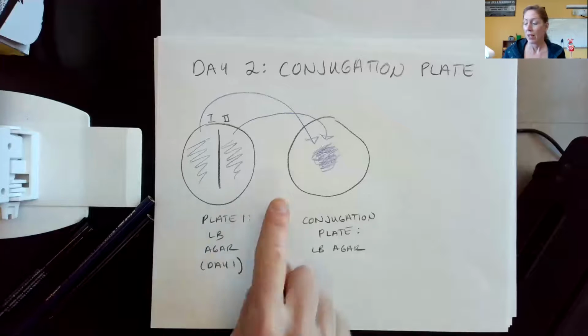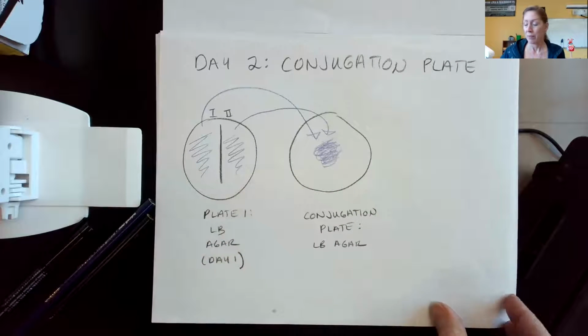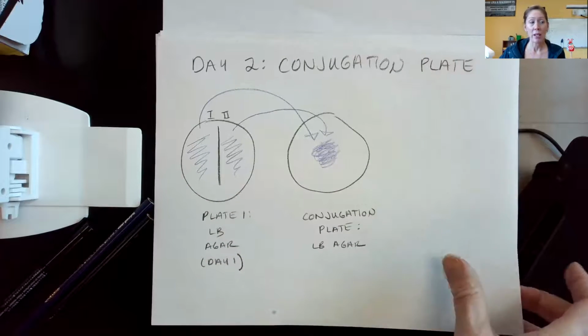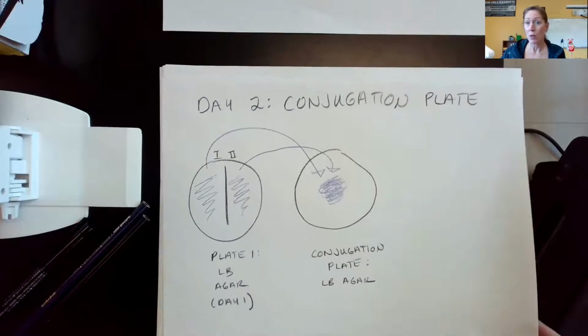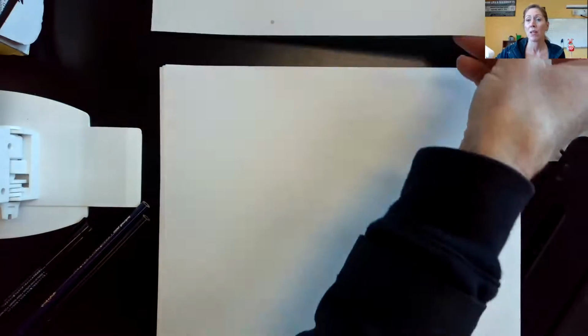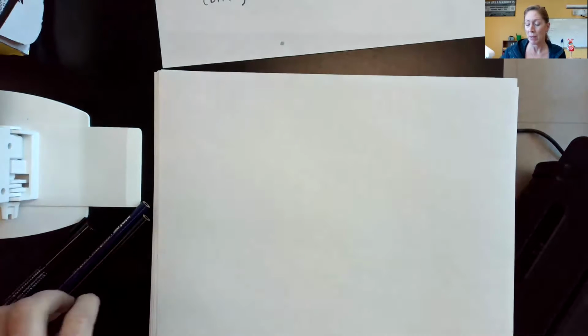All right, so we're ready for the final day, day 3. So we are going to need our day 2 conjugation plates. We need this plate. And we're going to set up more agar plates. This time, they're going to have the antibiotics in them.